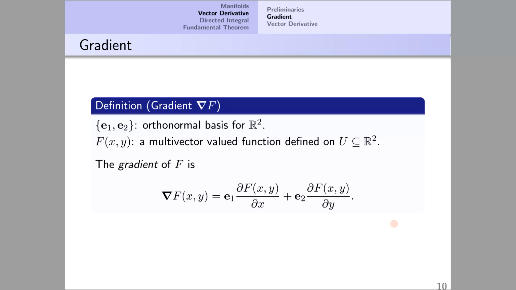Now, I've defined the gradient only for R2, but it's perfectly obvious how to extend to Rn. I'll often use R2 as a stand-in for Rn when it makes the notation simpler to read, and it's obvious how to generalize to higher dimensions.